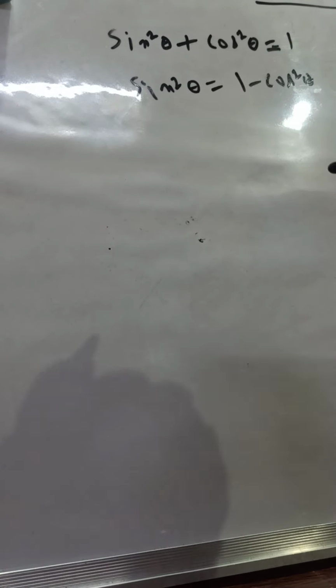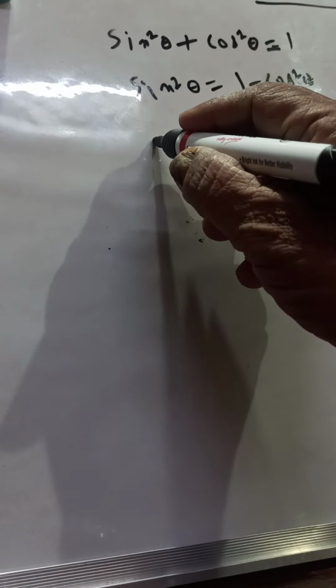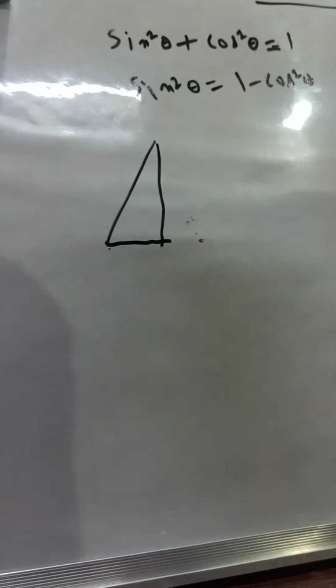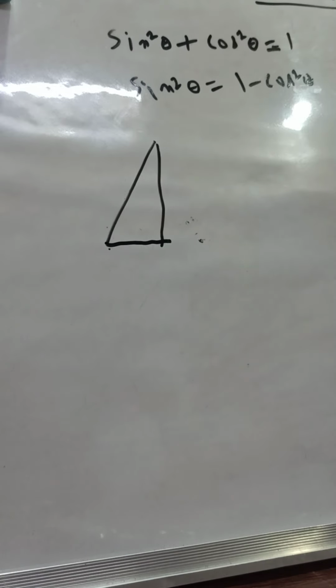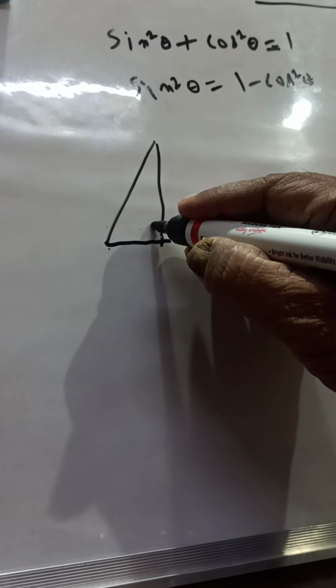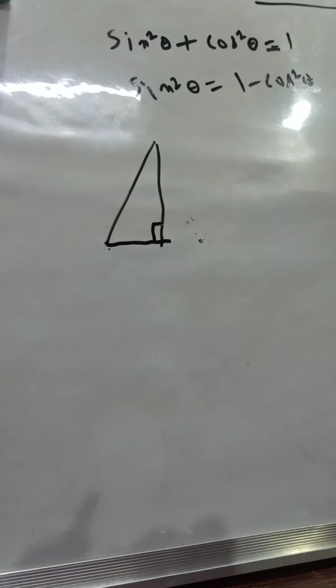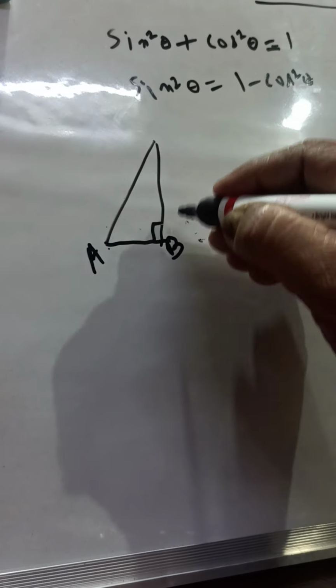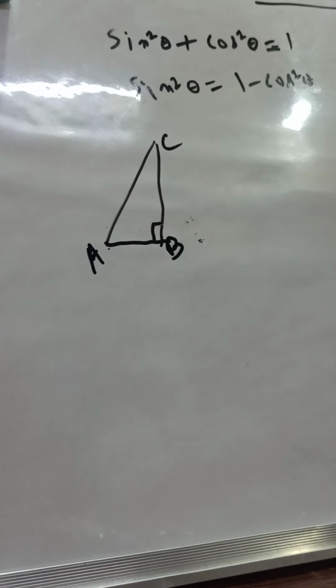I am giving the angle like this, as in your book. This is the right triangle, this is A, this is B, this is C. Okay, then this is an angle.